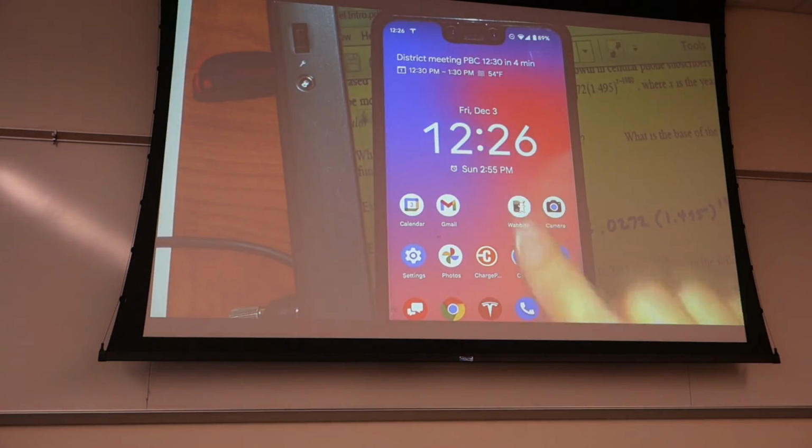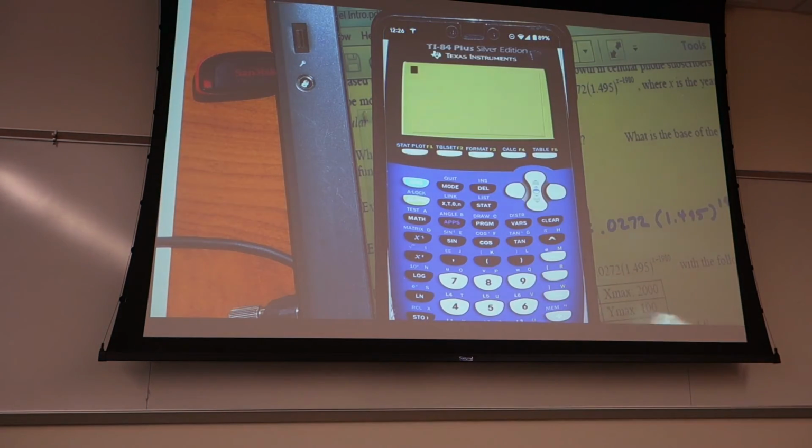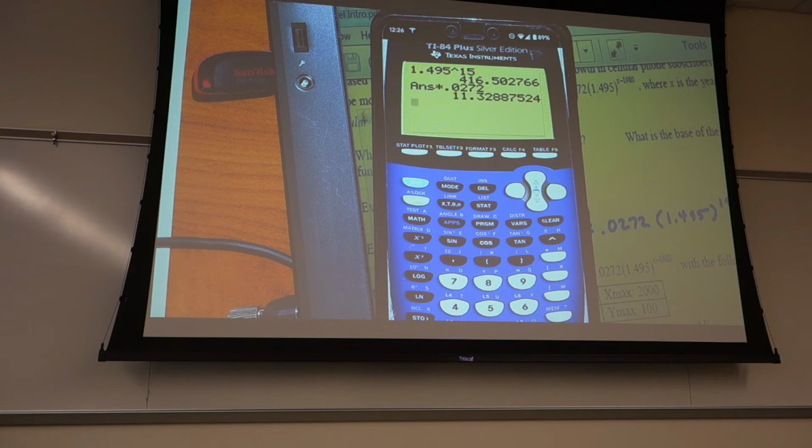I'm going to start from the inside and work my way outwards. 1.495 raised to the 15th power. Good? And then I'm going to multiply it by 0.0272. Done. 11.33.